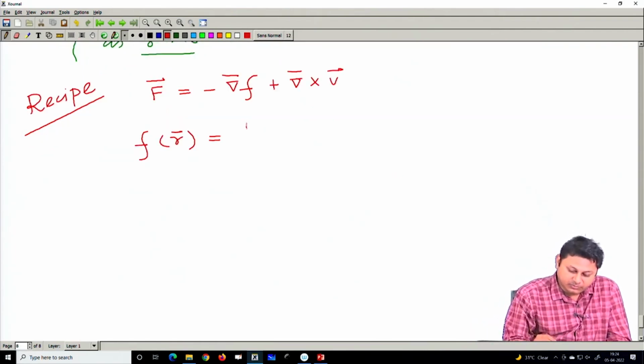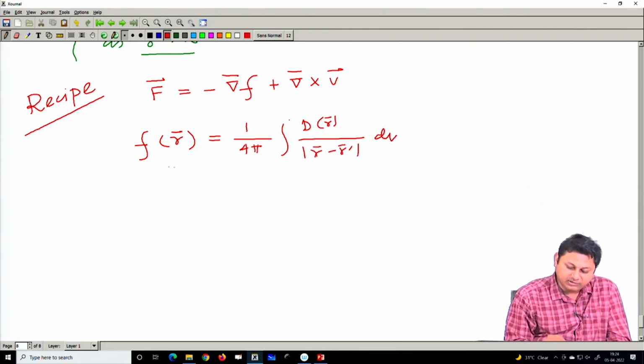The result should be this: F(r) should be 1 by 4 pi, integration of D, which is a function of r prime, divided by the magnitude of r minus r prime, dV prime. This is the way I can define my F(r), because this is known.